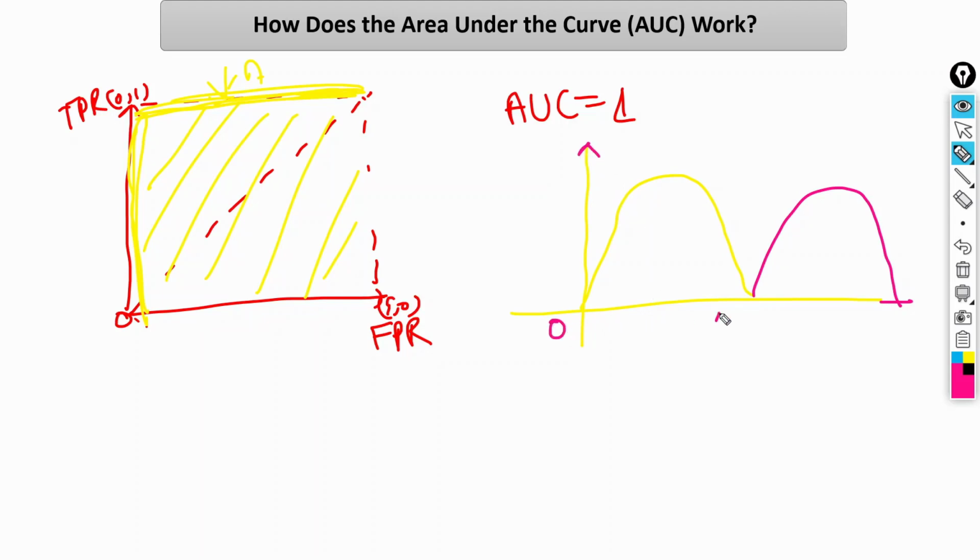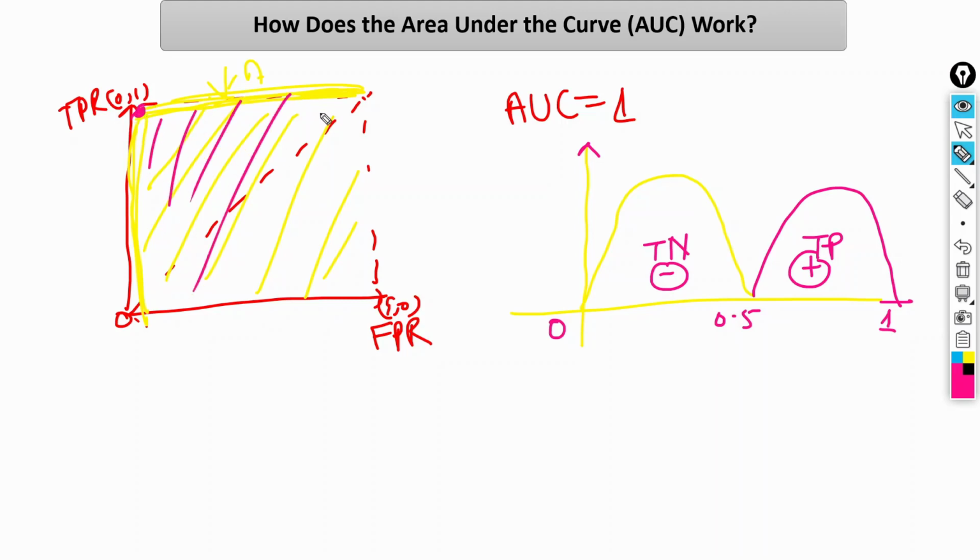We can say 0, 0.5 and 1. This is your true positive, this will be your true negative. It means all the positive and negative classes will be classified correctly under this particular region if the area under the curve is 1.